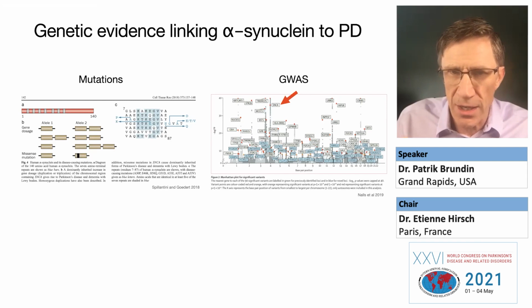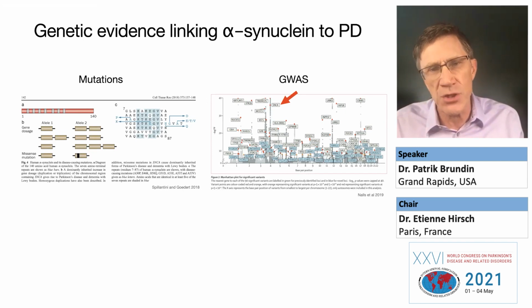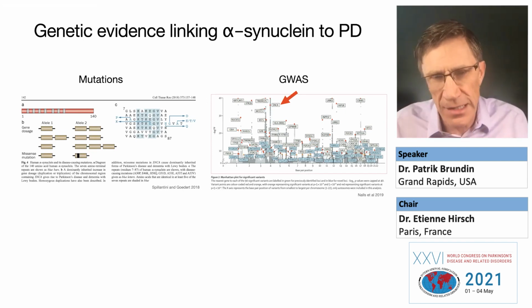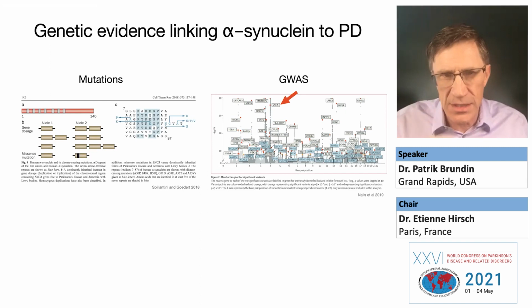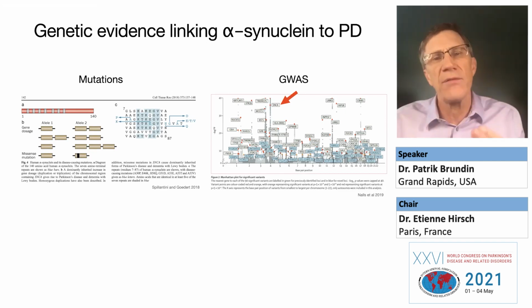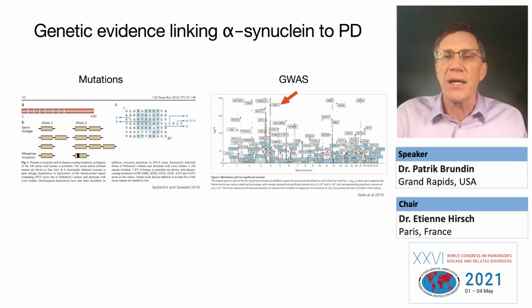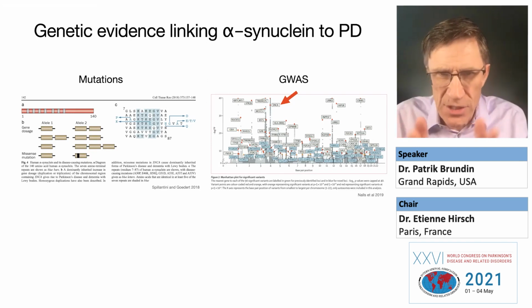Now, such a polymorphism can regulate more than one gene potentially, but it is so close to the alpha-synuclein gene that it's very likely that it is involved in regulating synuclein levels. So maybe by regulating synuclein levels, it will elevate the risk for Parkinson's disease by there being more synuclein. And if synuclein crowds, it's more likely to aggregate.